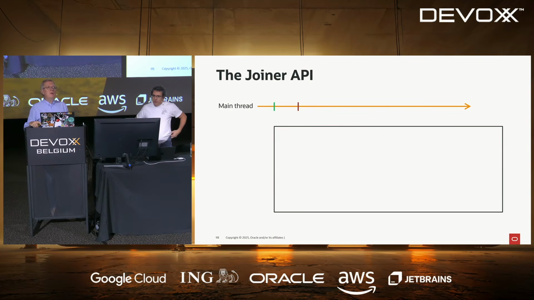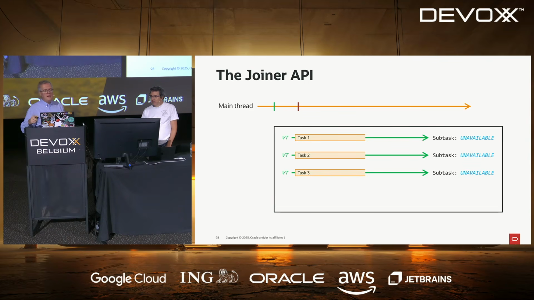So once this is done, you have forked all your elements, you call join, and this is this red stuff that is there. You call join, and this join call is blocking. So you're waiting for your tasks to be executed by your virtual threads. And if you submitted several tasks, let's say 4 tasks, these tasks are going to be executed in the virtual threads, and they are running concurrently.